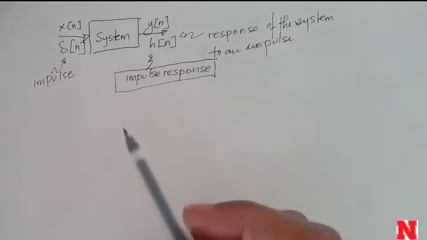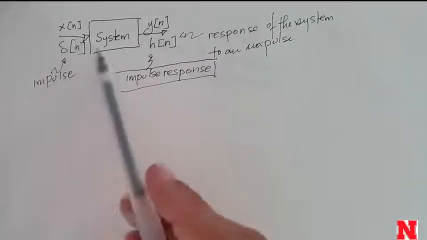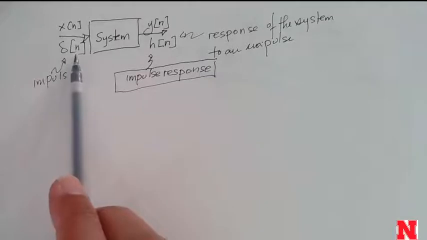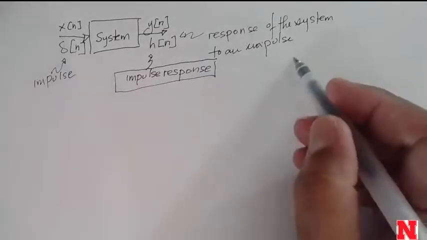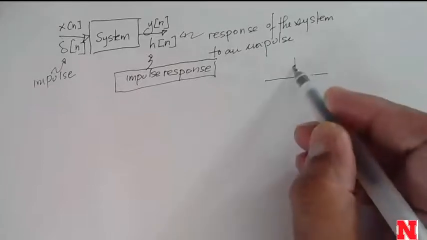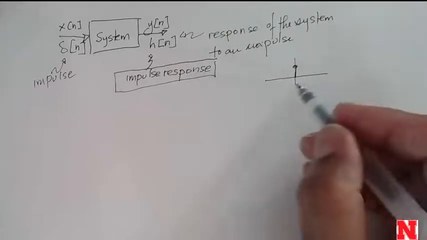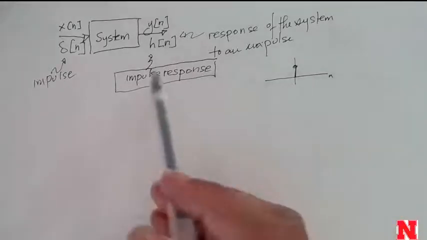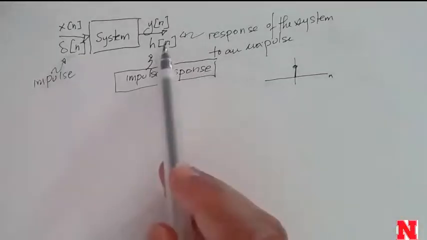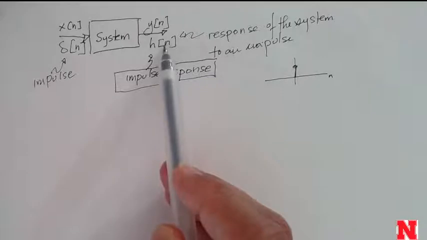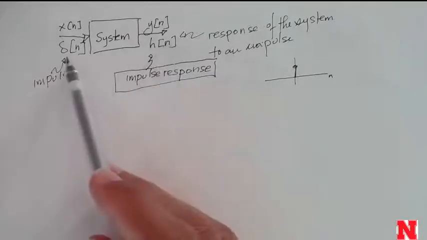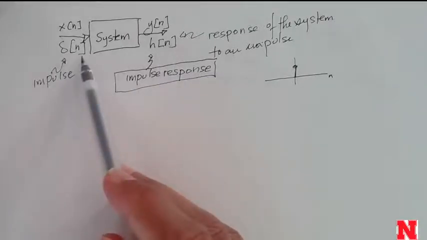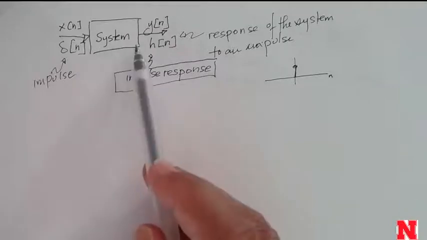Okay, and here's the amazing thing. This response is the response only to one input, and the input is a delta function. And remember what the delta function in discrete time is. It's just 1 at n equals 0 and 0 everywhere else. And if I know the response of this discrete linear time-invariant system to this one input, I completely know what the system is.